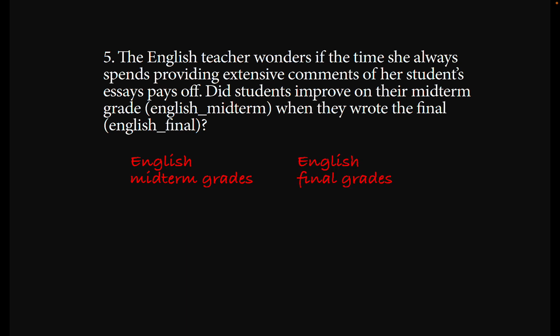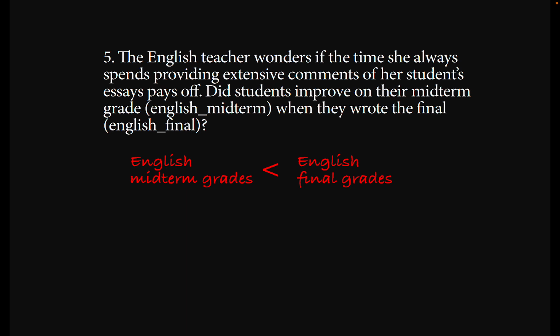So the second question we usually ask is, are we interested in the difference between these two values, or are we interested in the way one is impacting the other? Again, it seems pretty clear here that we're interested in the difference between them, and what we're asking actually is, are the English final grades better than the English midterm grades?